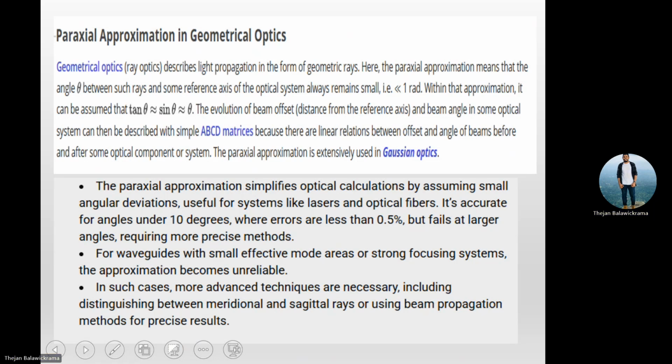This is the approximation in geometrical optics that I have given. Normally in general geometrical optics, when you are drawing rays, it simplifies the optical calculations by assuming small angular deviations, accurate for under 10. Under 10, normally under 5 in physics.